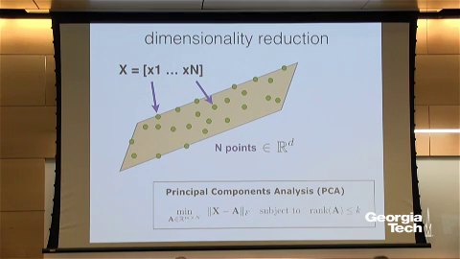What principal components analysis does is it finds a linear approximation to our X matrix, our data matrix. The main constraint is that the rank, or the dimensionality, of this subspace or model is going to be small.